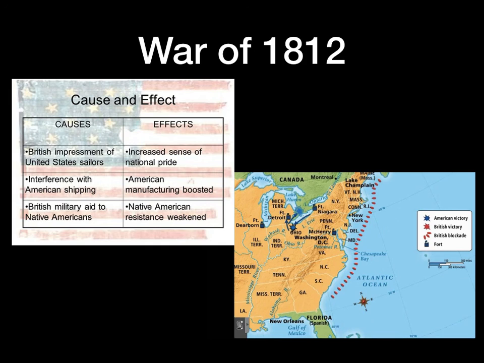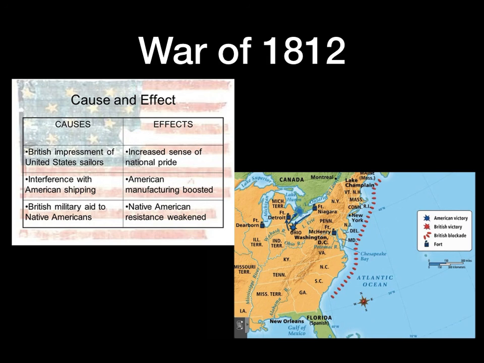So the Native Americans are really pushed out in the Northwest Territory, and those lands are opened up to American settlers. And if you look at the battles here, on the bottom right corner, you can see there's a lot of blue stars, which show that there was a lot of American victories in this war.